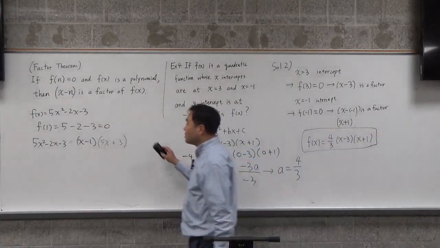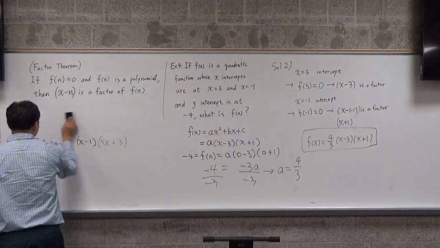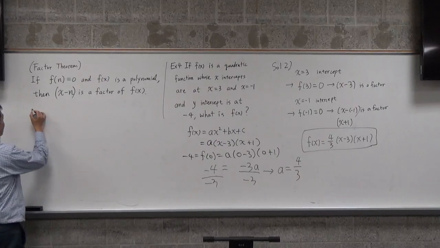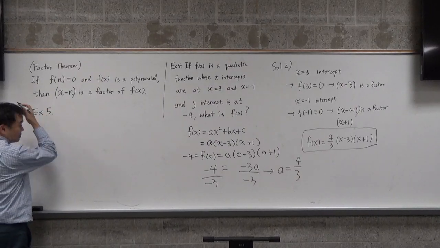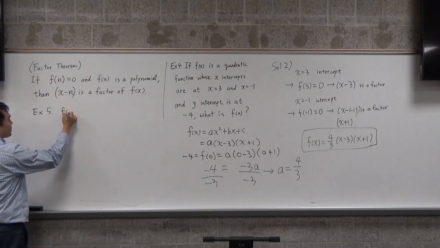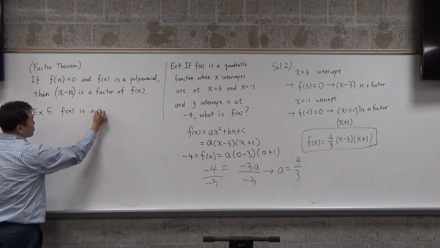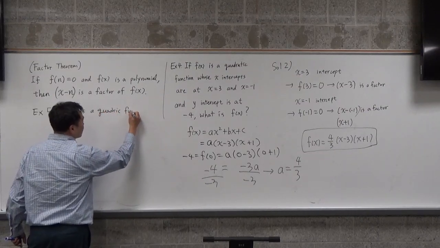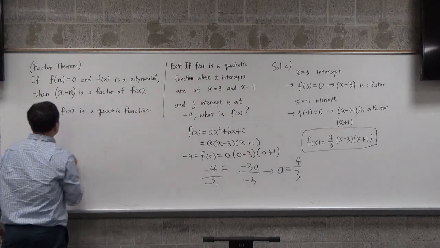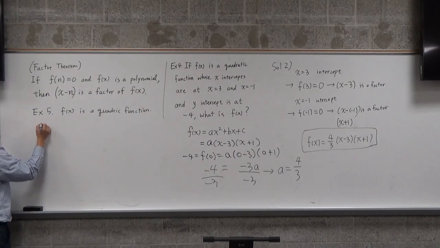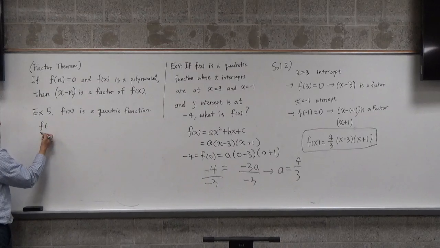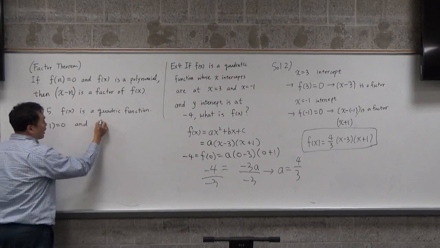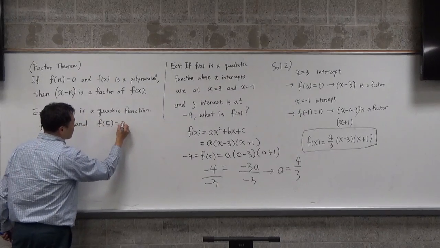Okay, let me quickly do another similar example. So if you have example 5, say f of x is a quadratic function, and we know that f of 1 is 0, and f of 5 is 0.